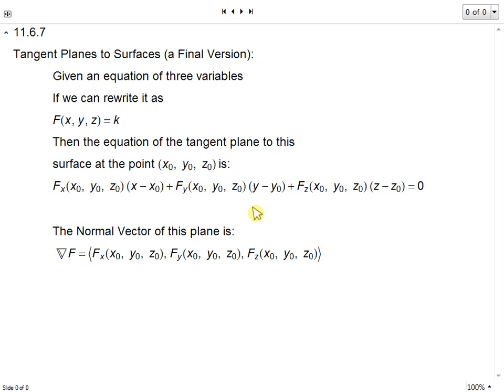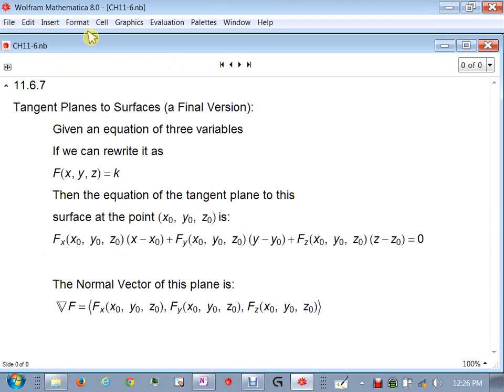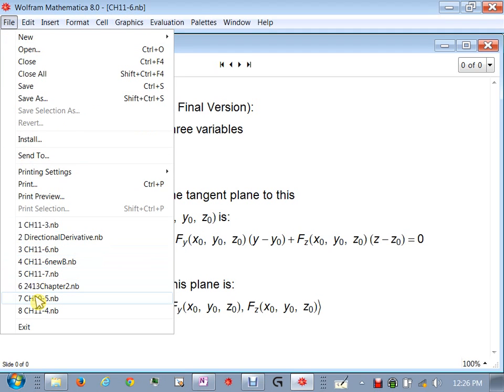The equation that we had before this for the equation of a tangent plane required that we were looking at a surface as a function of 2 variables. In other words, let me see where it was. I think it was 11.4. Yeah, it was 11.4.